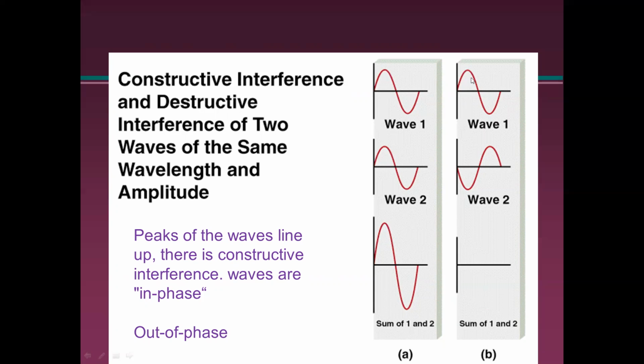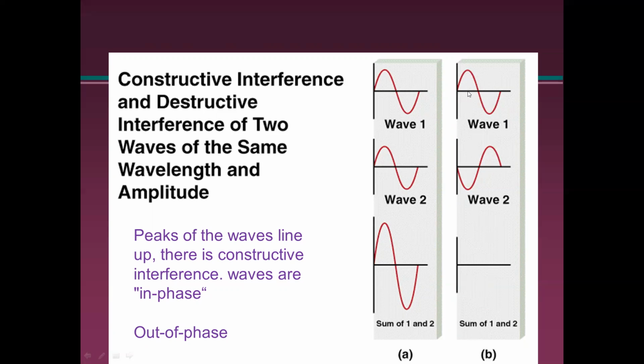If the two waves, like wave 1 and wave 2, are like this, for example, the wave here goes up but wave 2 goes down. They are opposite. When this one goes down, the other one goes up. Those two we call out of phase. So what happens if we add these two out-of-phase waves? If you add them together, the sum of these two waves will cancel out each other.